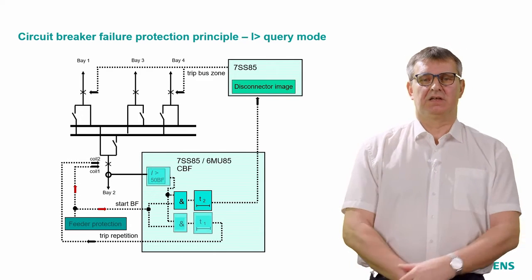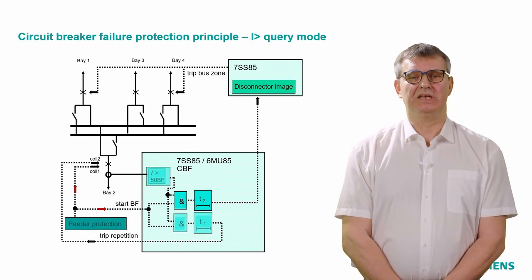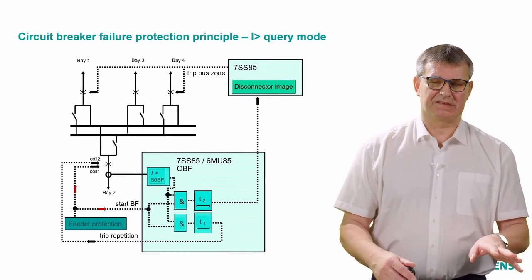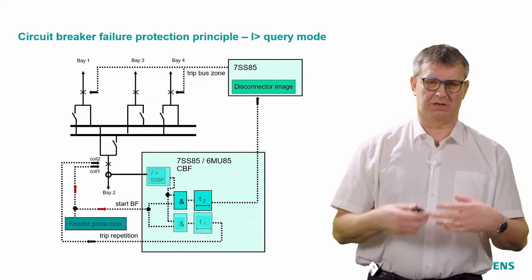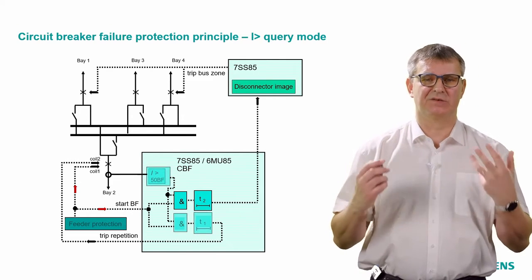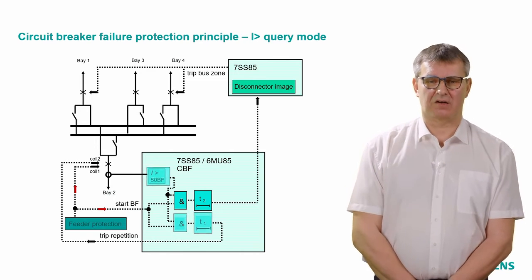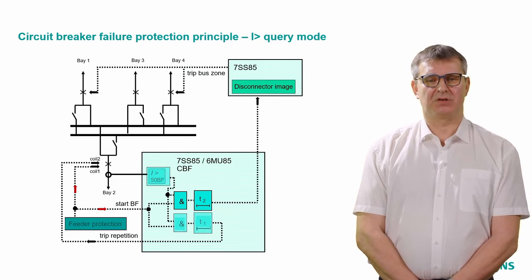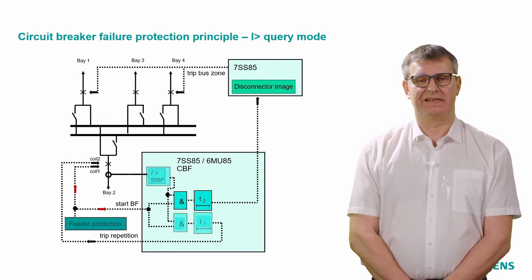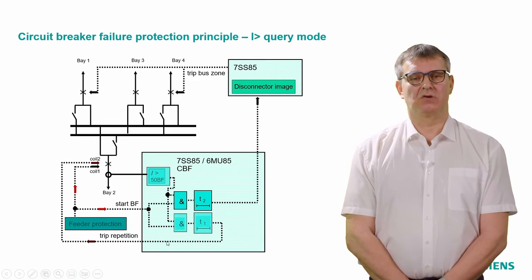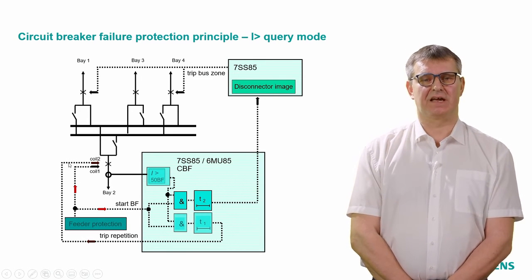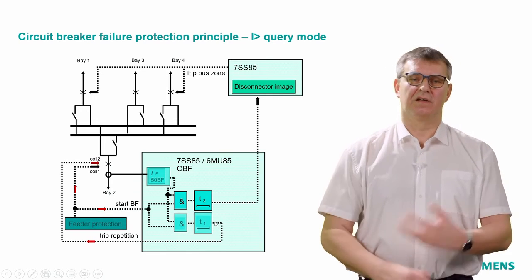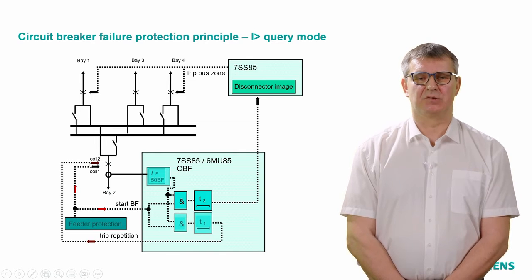If not, if after delay time T1 we are still above the threshold, we will, it's a setting, it can also be used without trip repetition. Let's assume we have, according to the setting, a trip repetition, and then we will try a trip repetition after delay time T1. You will see this here with these red blinking arrows. And now, typically with coil 2 of the circuit breaker, we will send the trip signal to coil 2.